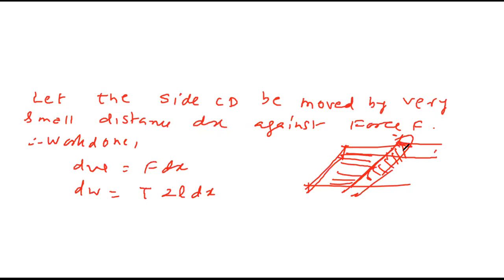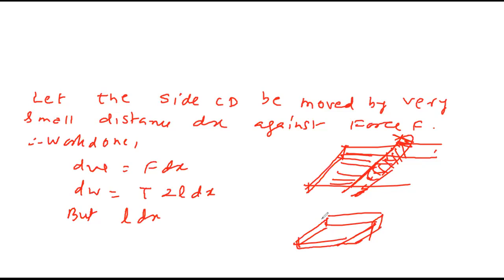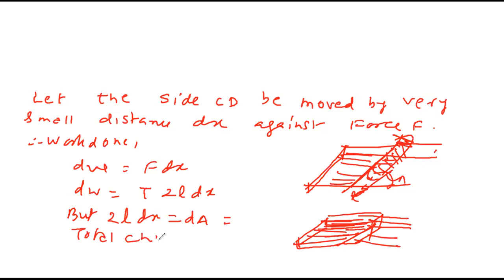So whatever area has increased is from above as well as from below. Try to understand again: this is that rectangular frame where the film was formed. The film fills both top and bottom. So when you pull this, the area changes from above and also from below. So l dx above and l dx below, so 2l dx equals dA, the total change in area.